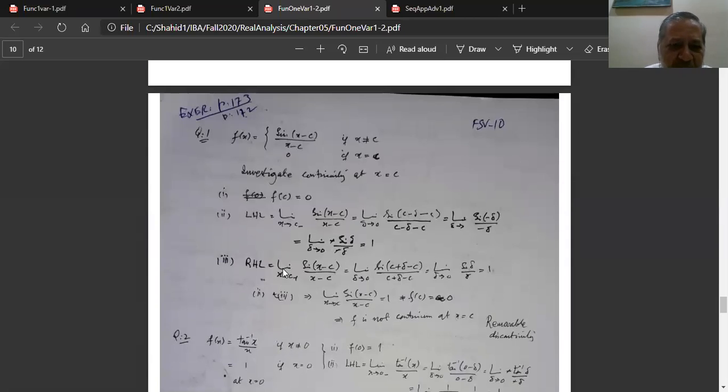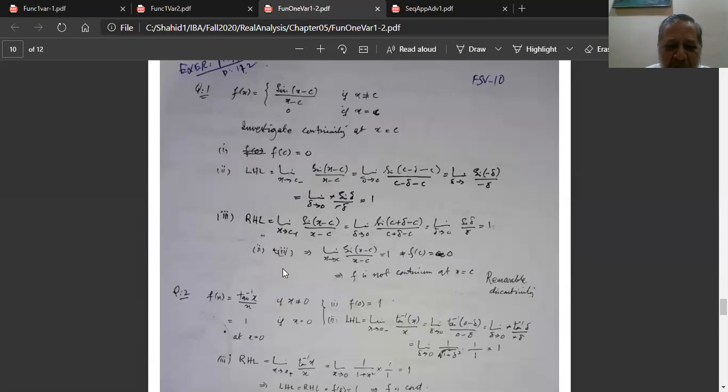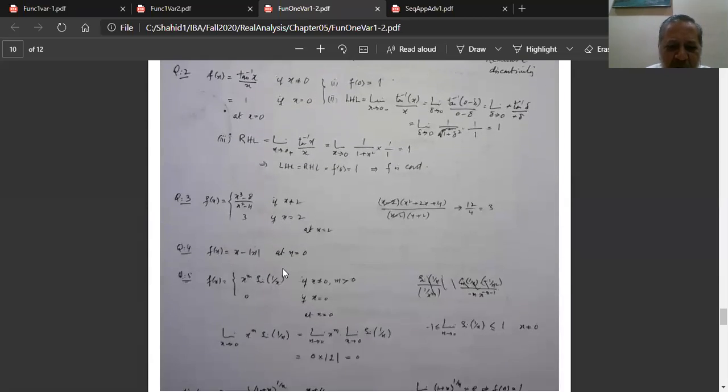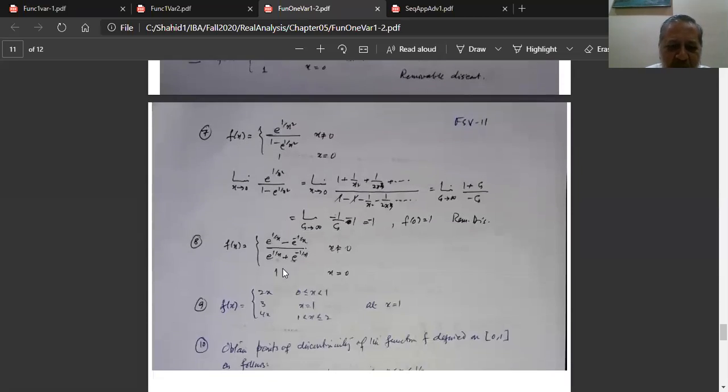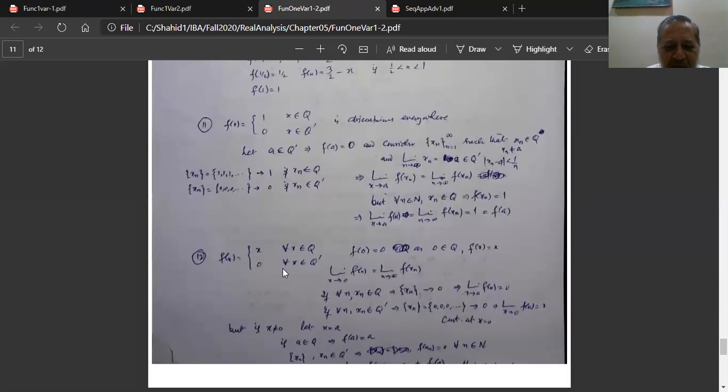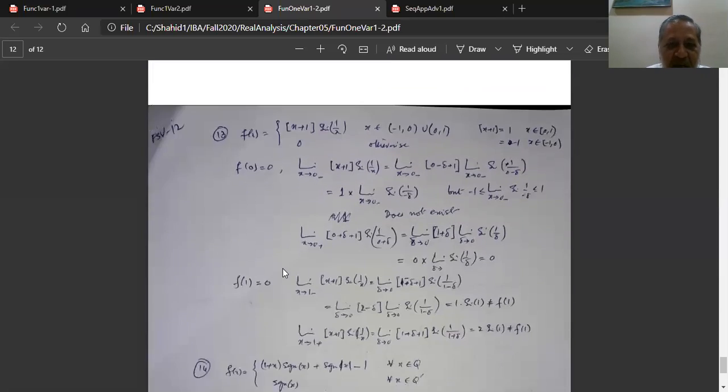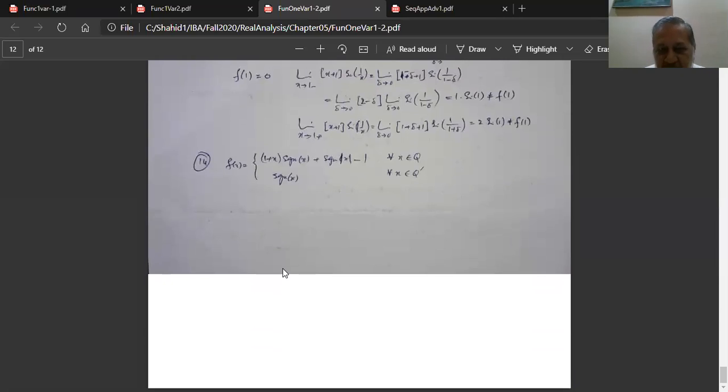This is exercise on page 172-73, and I have solved almost all the questions. आप इनको देखिए और अगर समझ में ना आए तो you can send me a query and we can discuss that.